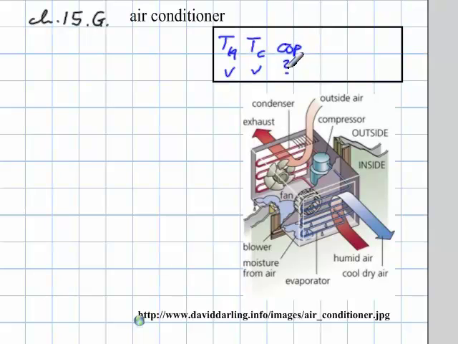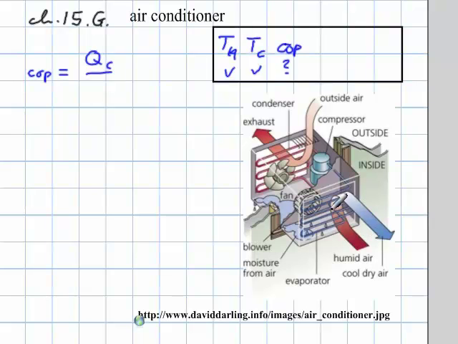We basically just have one equation in the book for the COP, and that one is the amount of heat being removed from the inside of the house. In this diagram, there's the heat going in, that's the heat being removed, and the same air is pushed out, but now it's cooler.